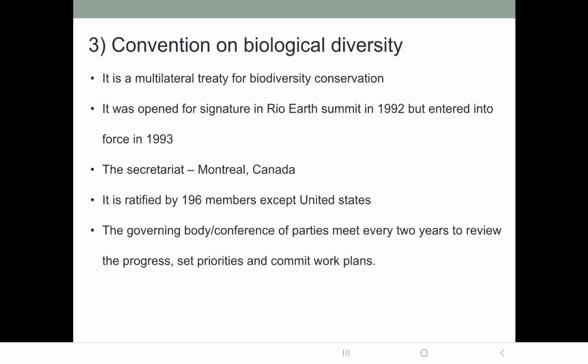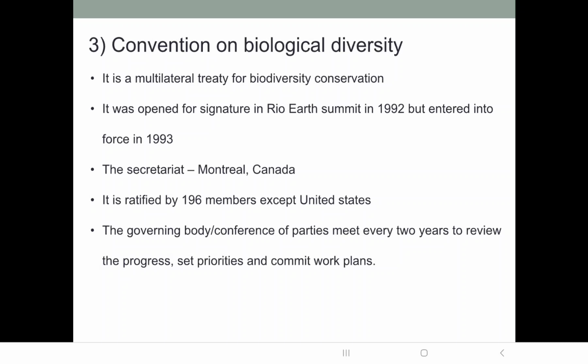This convention was opened for signature at the Rio Earth Summit in 1992, but it entered into force in 1993. The secretariat of this convention is at Montreal, in Canada. It is ratified by 196 members except the United States.